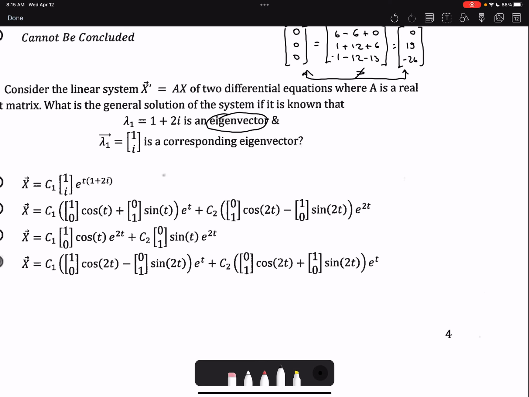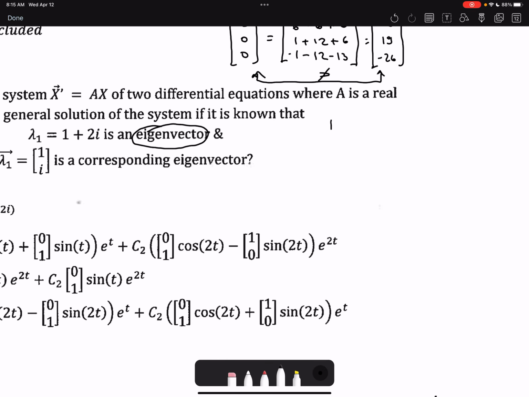If you remember the theorem, I think it was chapter 10.2, the theorem says that one of the solutions for a complex eigenvalue is going to be e to the real part multiplied by the real part of the eigenvector times the cosine of the imaginary part times t.